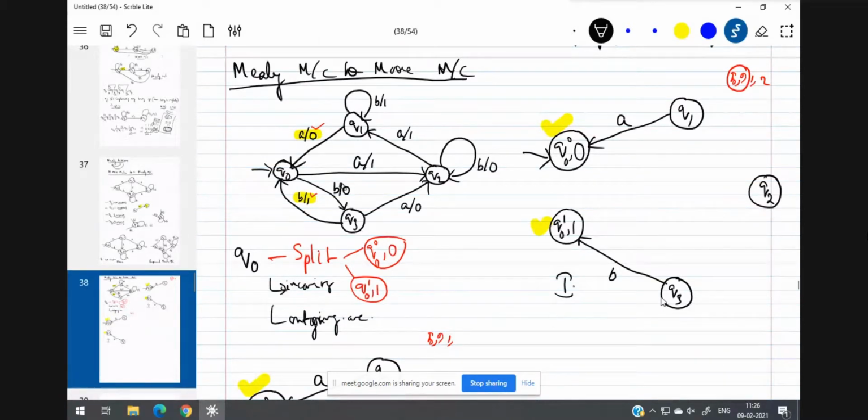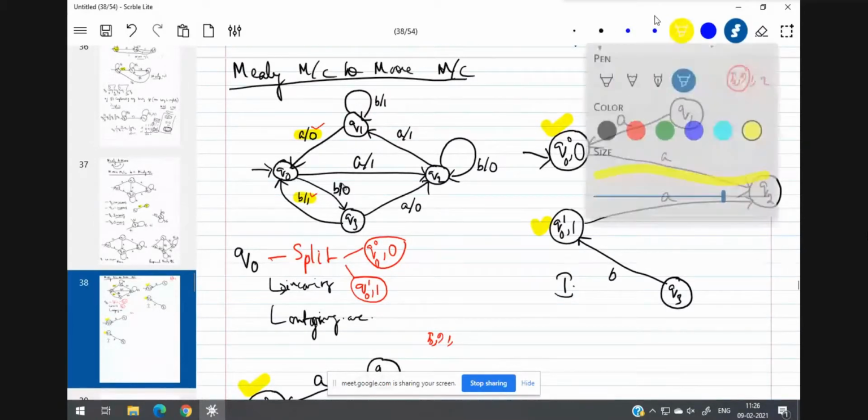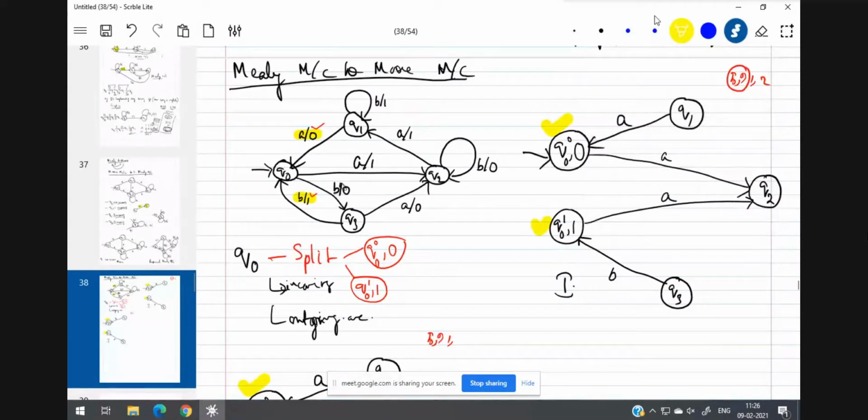From both the divided states, we are going to draw an arc towards Q2 with input symbol A. From Q0 to Q2, one outgoing arc is there with input symbol A and then output 1.